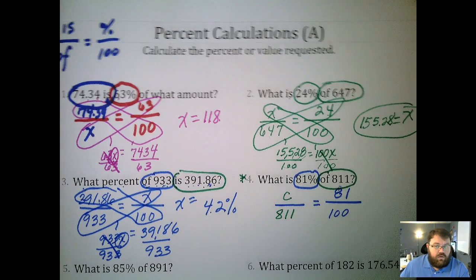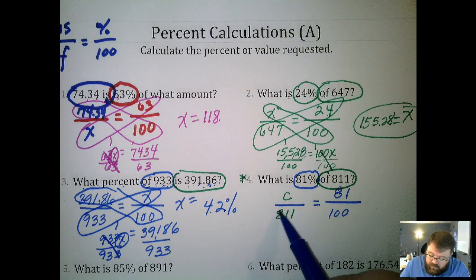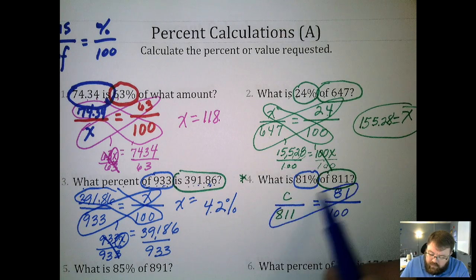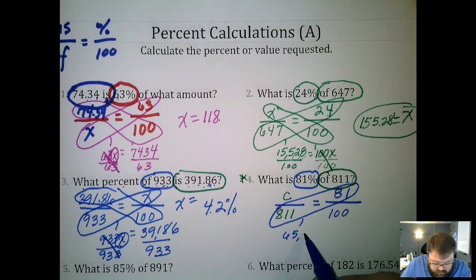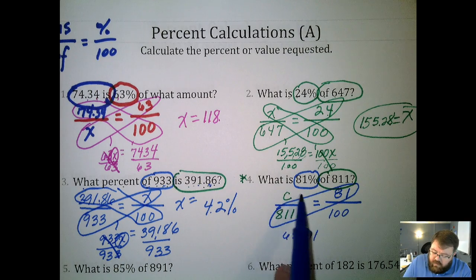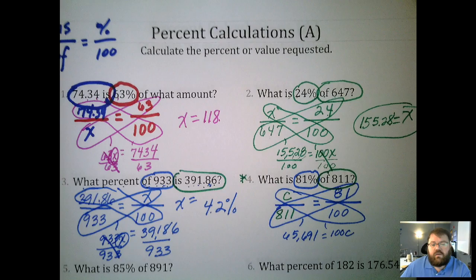From here, you should know how to solve this. Okay, you should know that it's 811 times 81, and that is going to be 65691, and you would do C times 100, which is 100C, and you should know to divide.